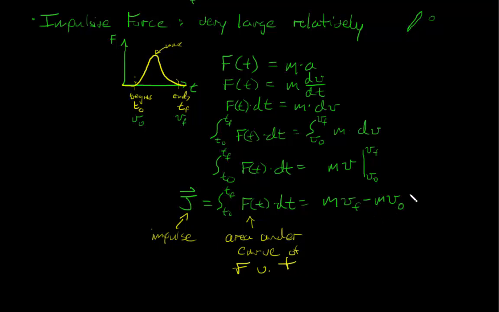And then over here, this introduces a new quantity called momentum. So we have momentum, and for momentum we use a little p. Momentum is defined as the mass times velocity. So what we're looking at here is actually the change in momentum. So we could say that this is equal to the change in momentum. So the impulse is defined as the change in momentum.